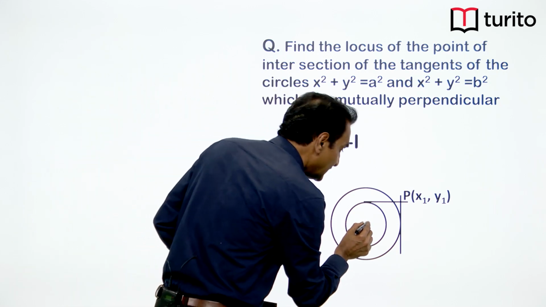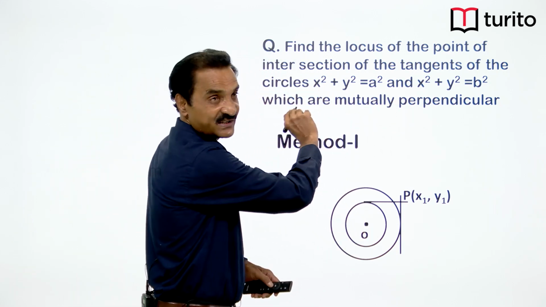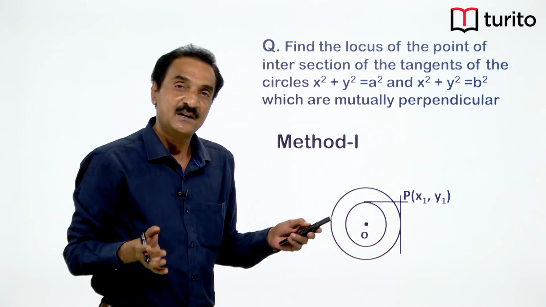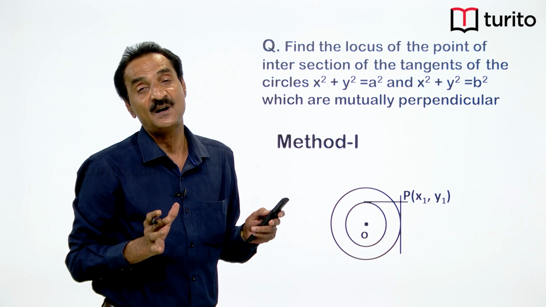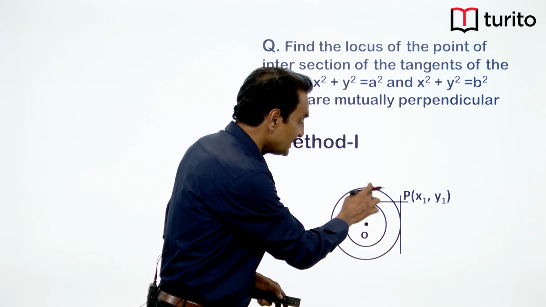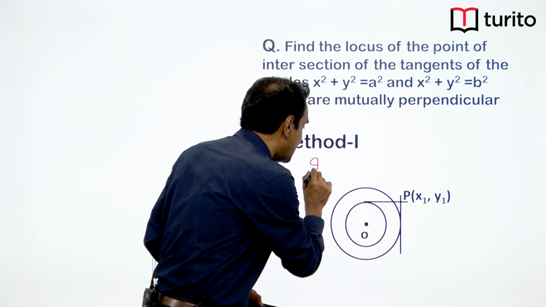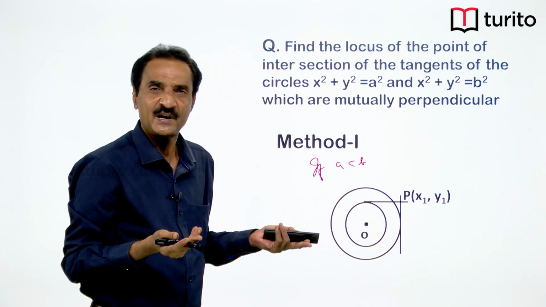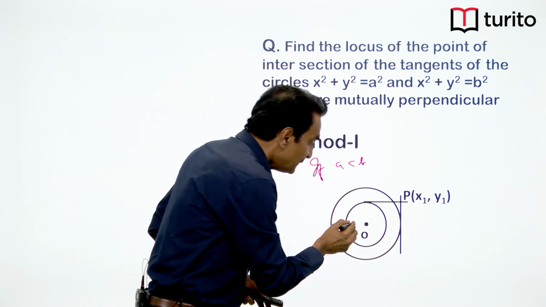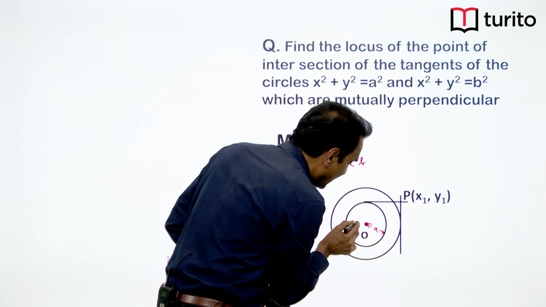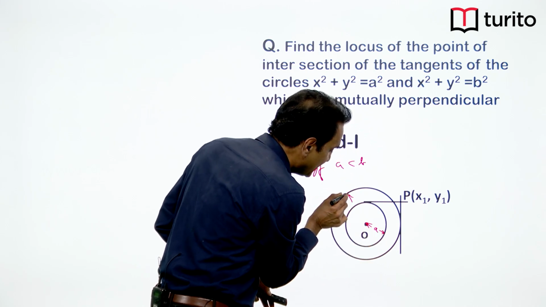So, both are concentric circles, the center of this circle is origin and the center of this circle is origin. If the centers of two circles are the same, they are called concentric circles. So, if a is less than b, then we get a smaller circle with radius a and a larger circle with radius b.